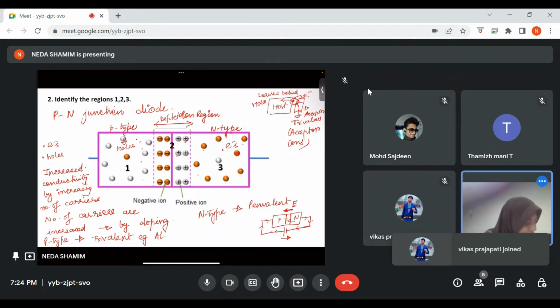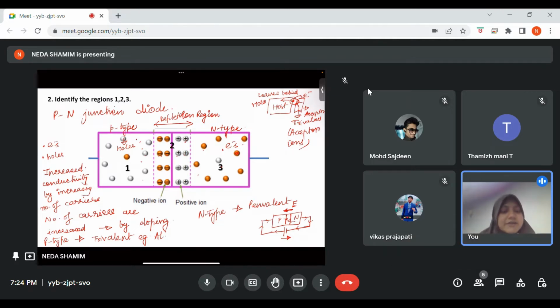So in the process, both these holes and electrons will neutralize in the depletion region, and the depletion region will decrease. This is the whole mechanism. That's why it's decreasing, because of the movement of the holes and electrons towards the depletion region and joining over there with their respective charges. All right.